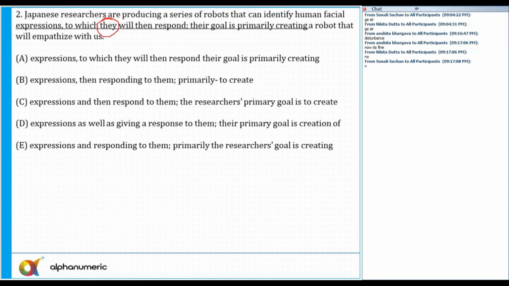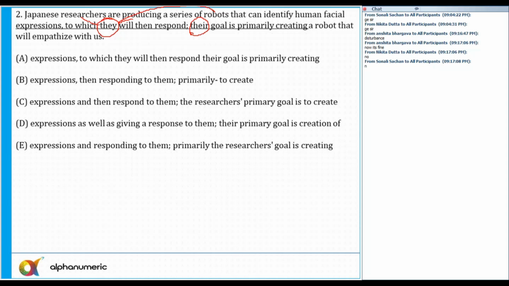Do they refer to researchers or to the robots? So this is one mistake over here. This is a dangling modifier. There's a confusion whether they refers to researchers or robots.